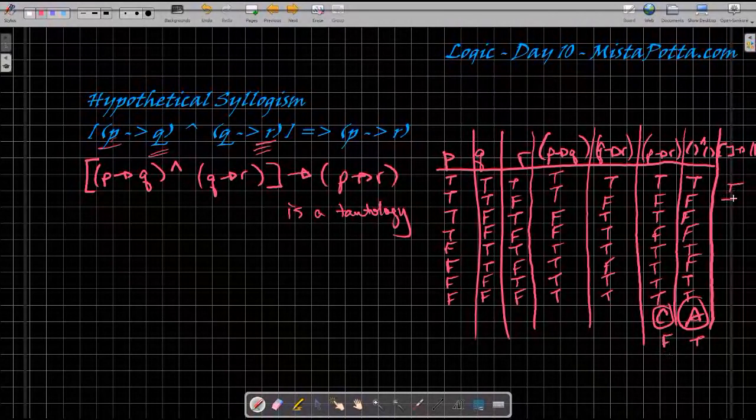And again, this just doesn't happen. So what we notice about this last column is that we actually have 8 trues. So this is a tautology. And this is valid.